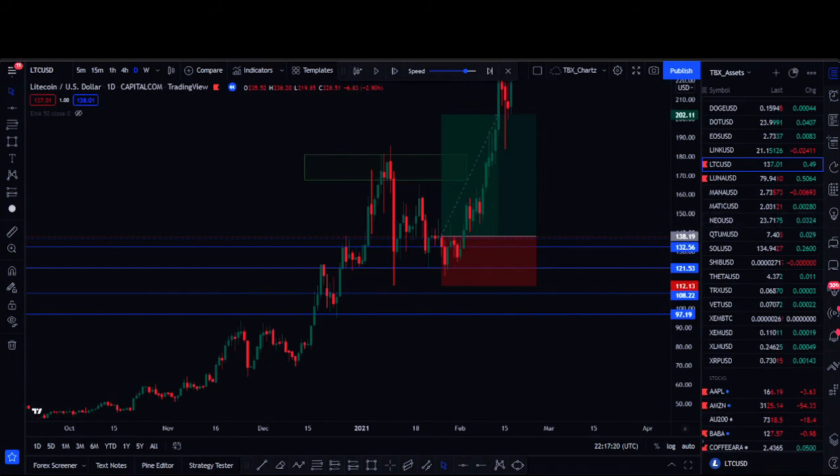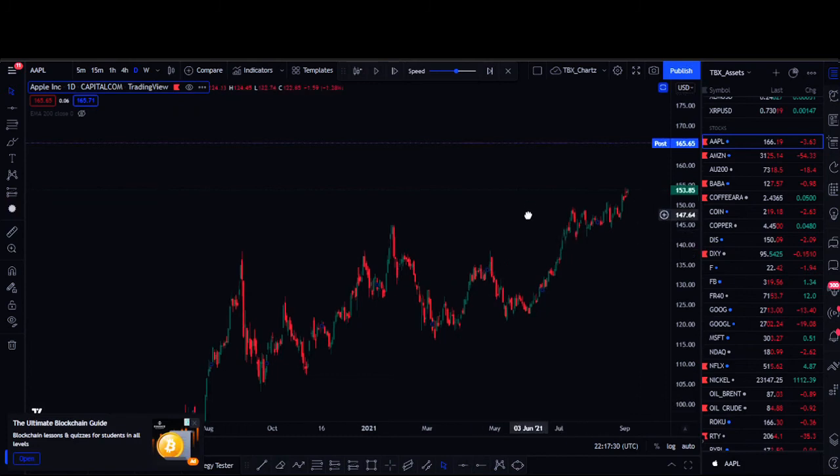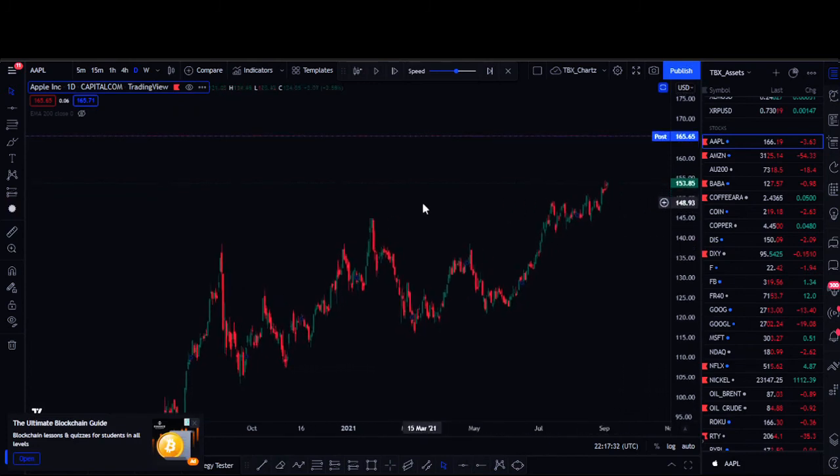And let's look at stocks. Does this same support and resistance work in stocks, or is it the same for stocks? Let's check it out. Okay, so for stocks, now let's look at this. Where is the most recently and frequently tested area?